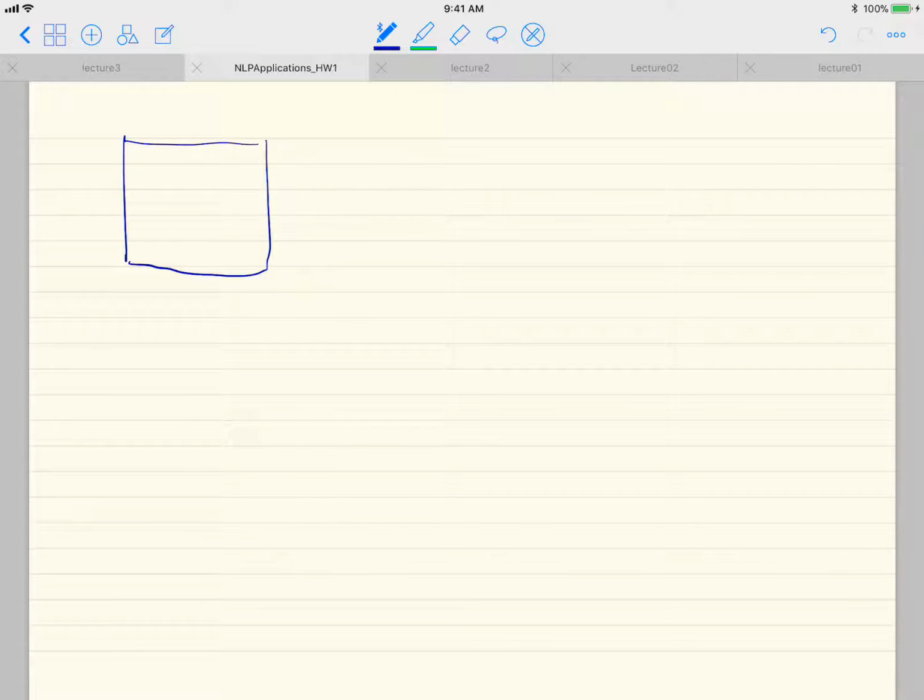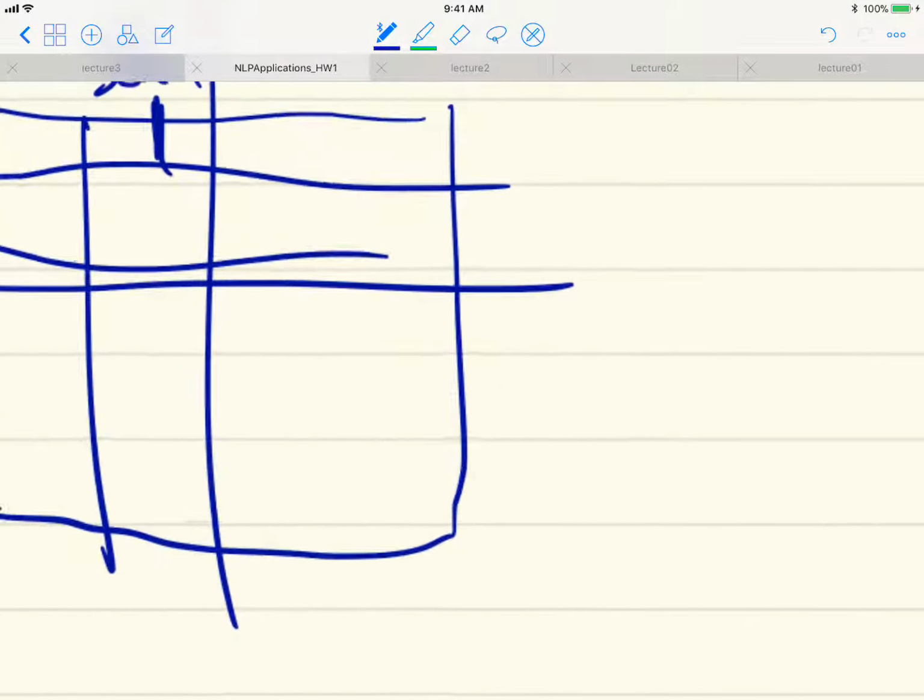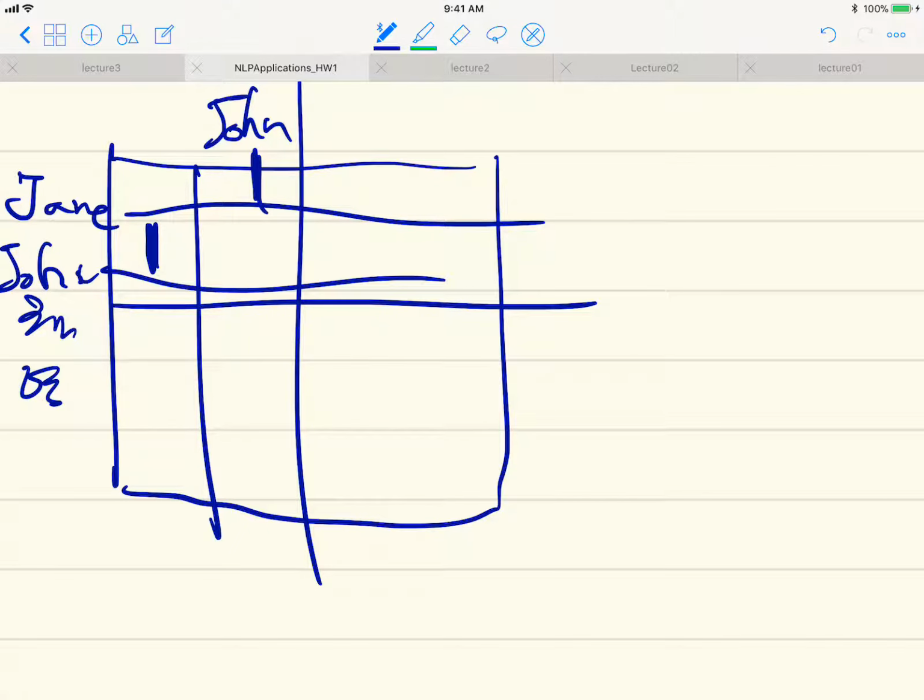So this is Jane and John, maybe Chansu, Youngie. If Jane and John are friends, then it will be 1 here, and this value will also be 1. So it will be a symmetric matrix. And also if we assume that all the people that we consider are the same population, then the number of rows and number of columns will be the same, and thus it will be a square matrix, right? So if we consider 100 people, then it will be a 100 by 100 matrix, right?